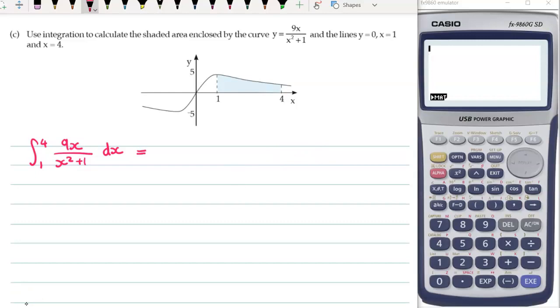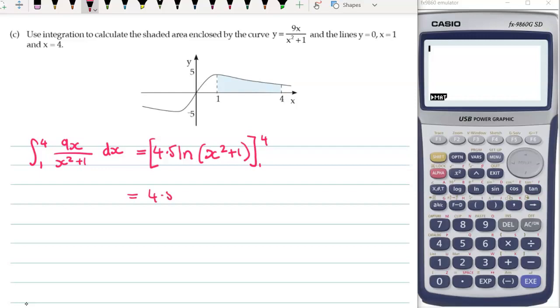So when we do have the top being the derivative of the bottom, then the integral is the natural log of the bottom. Now, because it wasn't quite exact, we need to times it by 4.5 to make that 2x into a 9x over here. It needs to be 4.5 times bigger. Now we're going to sub in 1 and 4.